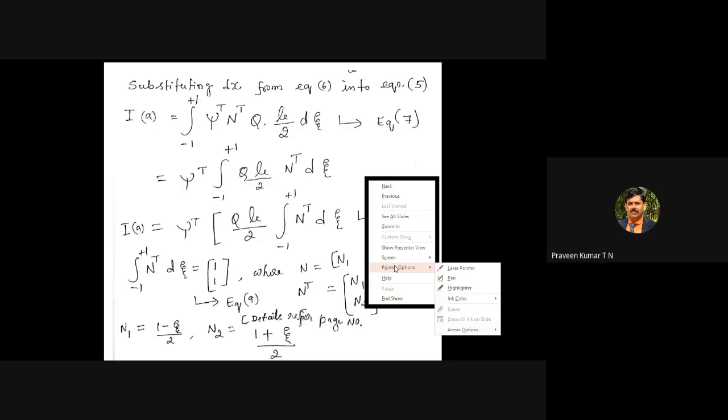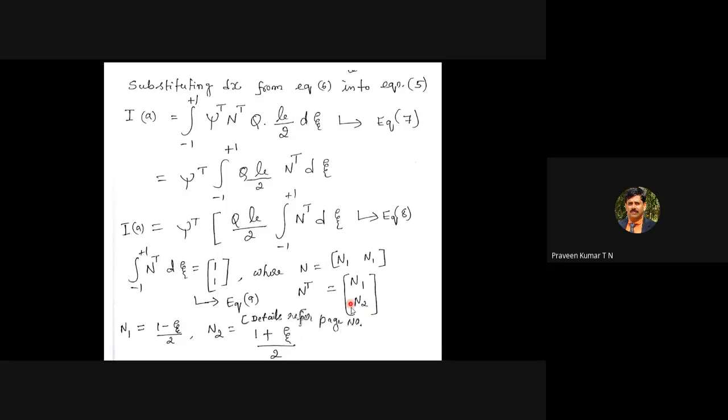Then the integration from minus 1 to plus 1, which we derived yesterday at the end of these slides, and n is given by n1 n2. N transpose is given by n1 n2, a column vector. We know the value of n1: n1 is 1 minus xi divided by 2, and similarly n2 is 1 plus xi divided by 2.